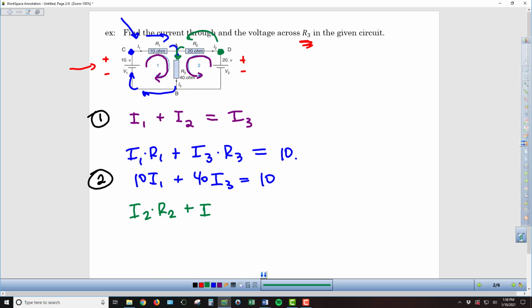So we've got I3 times R3, and then we keep going around this loop, and the last object we hit is this battery, and we are again going from the low potential side to the high potential side, so we have a step up of 20 volts, and that's going to go on the other side of our equation. So now if we plug in those resistance values, R2 is 20, so we've got 20 I2 plus again 40 I3 equals this 20 volts.